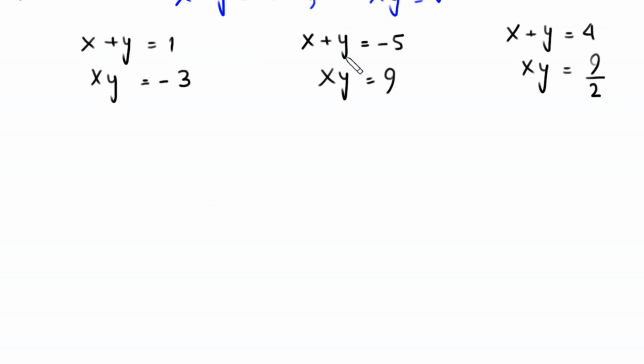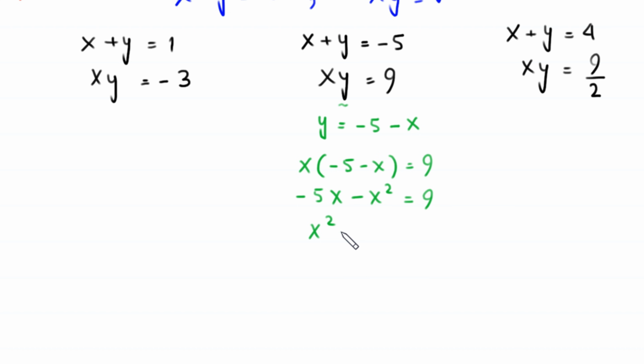Now to find the values of x we solve these three systems. From this system, if we move this x to the right hand side, then this will become y is equal to negative 5 minus x. We replace this y with this negative 5 minus x, this will become x times (negative 5 minus x) equal to 9. Further simplify, this will become negative 5 times x minus x squared equal to 9. Move these two terms to the right hand side, this will become x squared plus 5 times x plus 9 equal to 0.